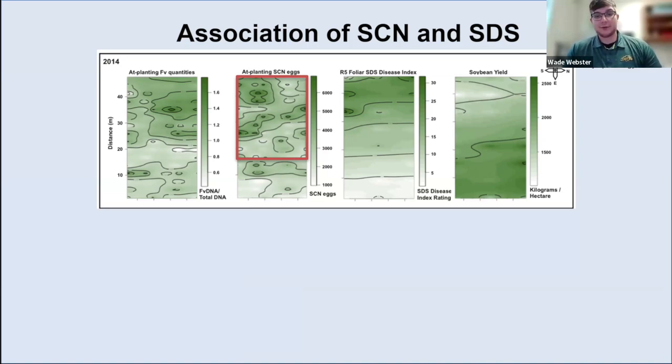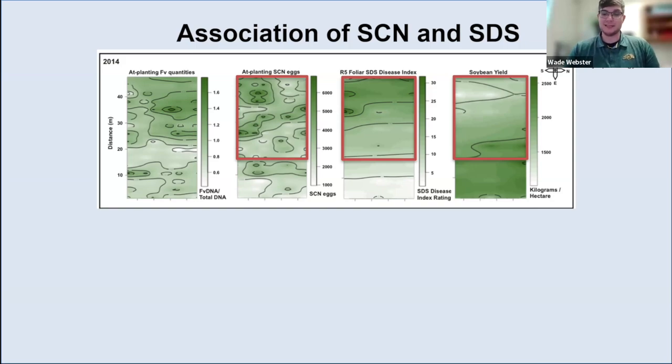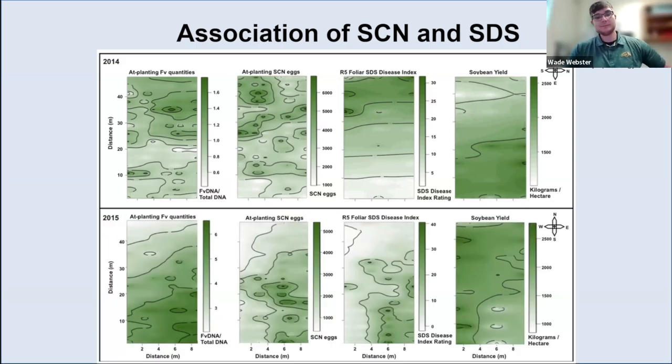Then at the R5 growth stage, they came back and rated for the SDS development, and we can see it's in that exact same pocket. And then at harvest, looking at the yield maps, we can see the decrease of yield in the areas where SDS and SCN were highly associated, leading to the conclusion that there's a very strong association.